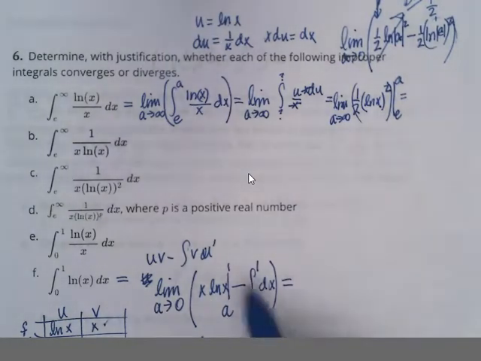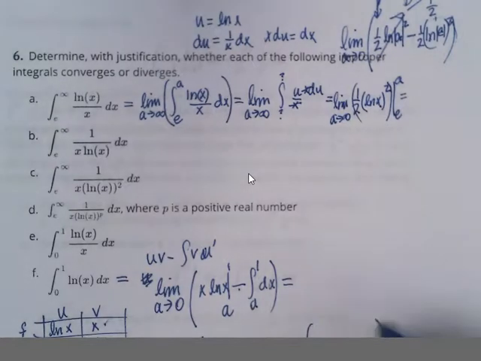So if I put in 1, I get 1 ln 1 minus a ln a, minus, now I integrate 1, which is just x, and then I put in 1 and a, which is 1 minus a.